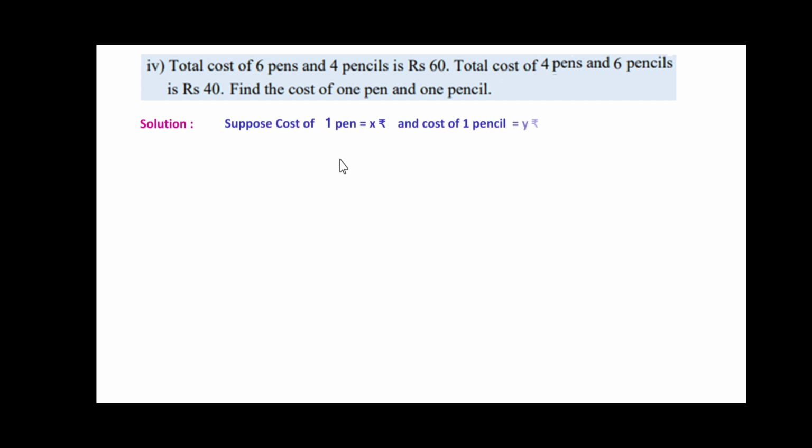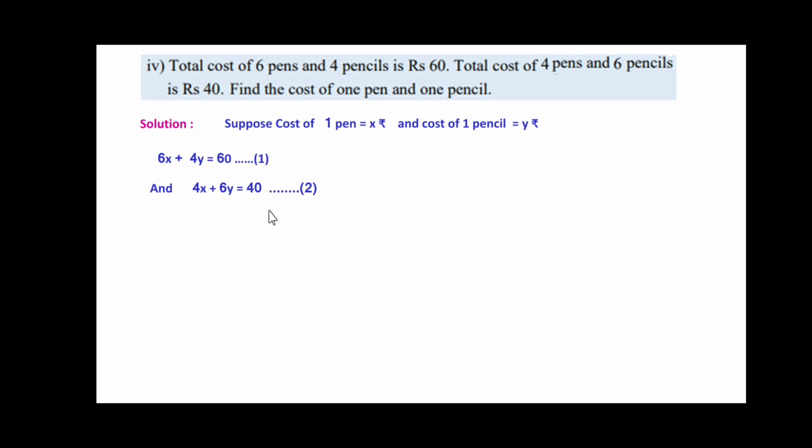Let the cost of 1 pen be rupees x and the cost of 1 pencil be rupees y. Accordingly, from the first condition we get 6 pens means 6x plus 4 pencils means 4y is equal to 60, equation 1. According to the second condition, you will get 4x plus 6y is equal to 40, means 4 pens and 6 pencils cost 40.